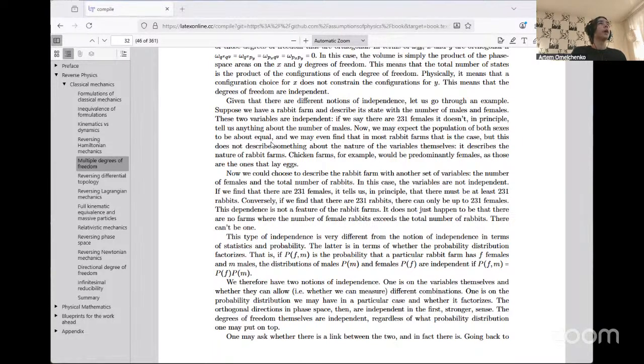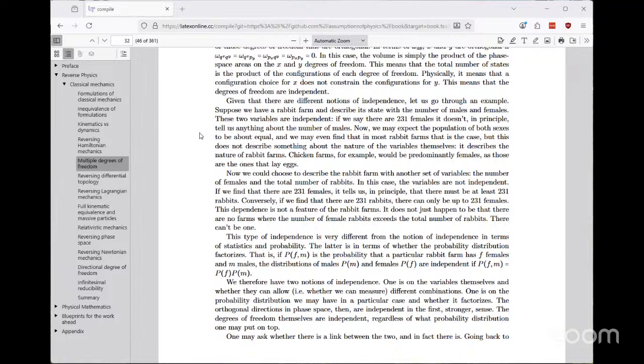Now we may expect the population of both sexes to be about equal, and we may even find that in most rabbit farms that is the case, but this does not describe something about the nature of the variables themselves. It describes the nature of rabbit farms. Chicken farms, for example, would be predominantly females, as those are the ones that lay eggs.